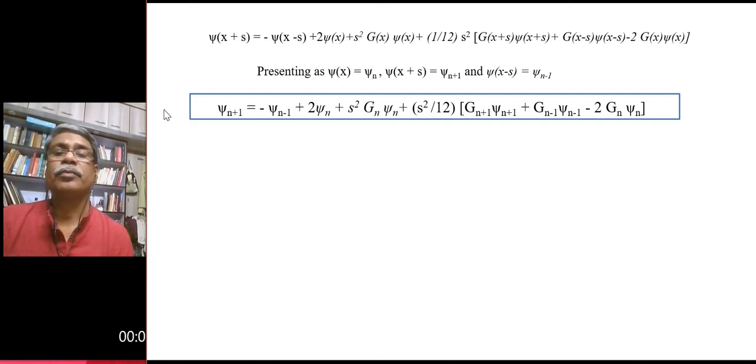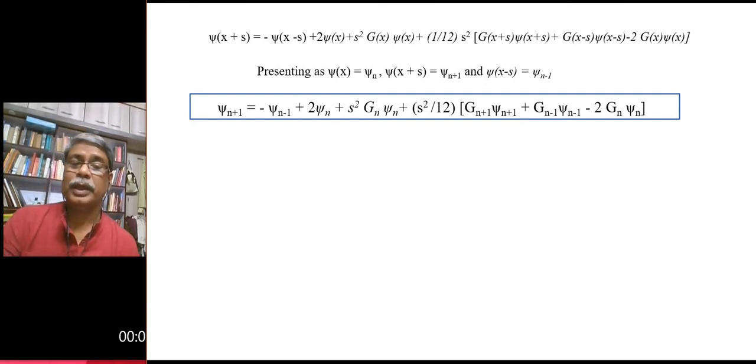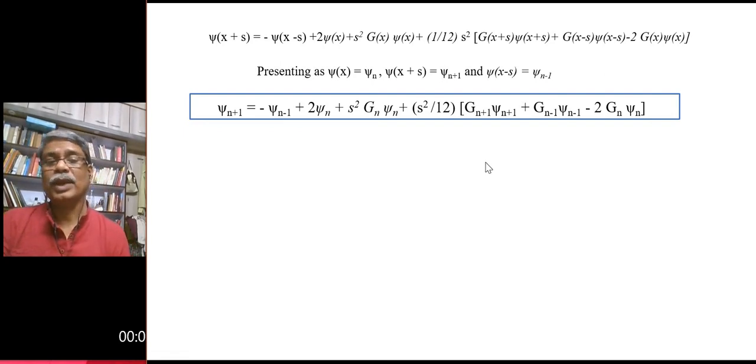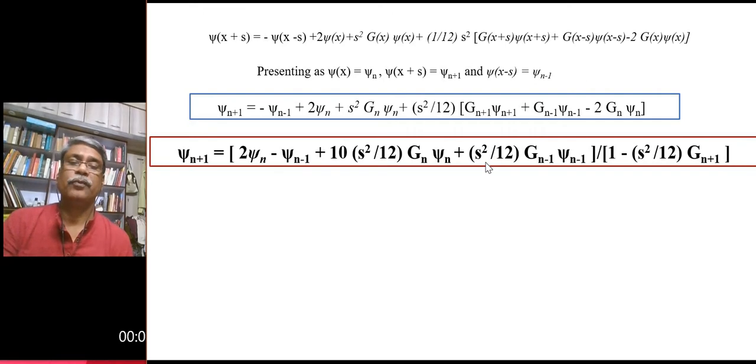So you see, on both left and right sides, psi_n plus 1 is here. So we have to manipulate a little bit more, so that psi_n plus 1 can be brought to one side only, that is the left side. If we do that, finally you will get an equation like this.